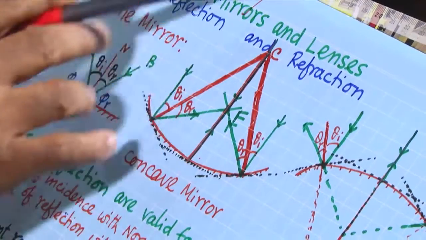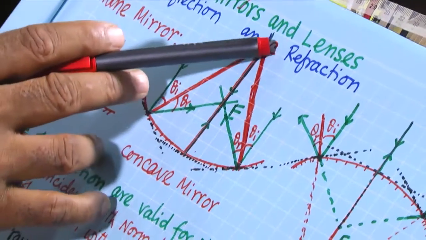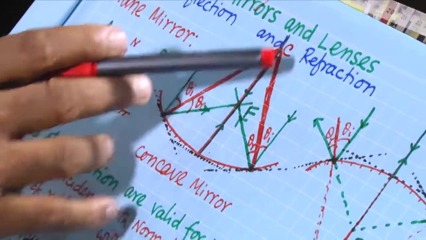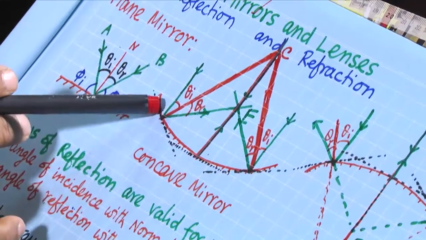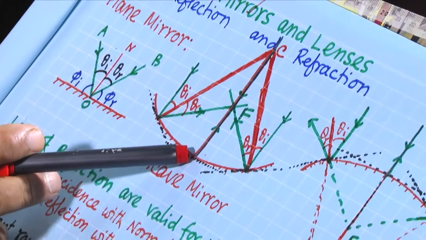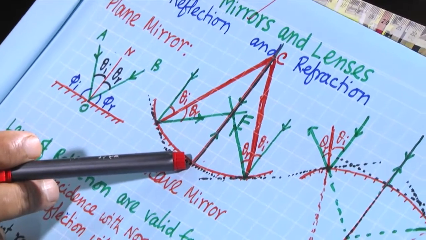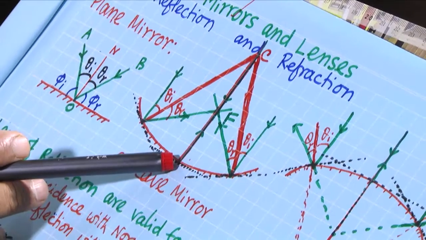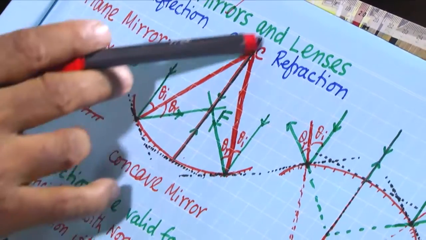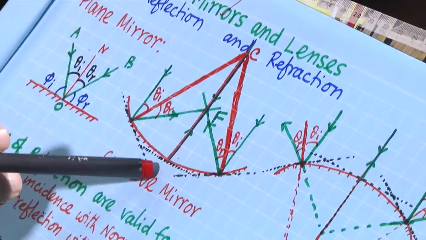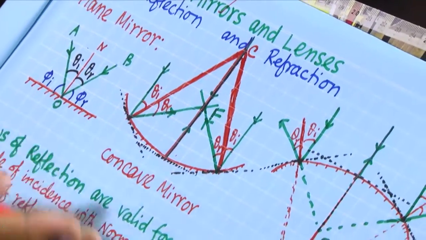Since it is a sphere, it has a center, that is C. And the middle of the part of the mirror you are taking is the pole. Okay, and this line is the axis. I will tell you more.